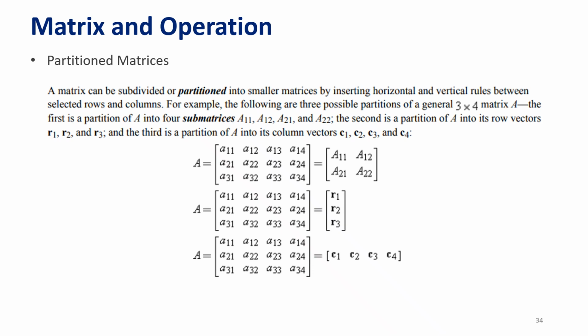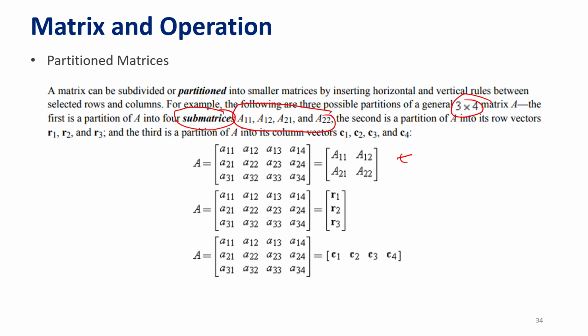So for example, here you have a general 3 by 4 matrix, and you want to partition it into 4 blocks: A11, A12, A21, A22. So what is the partition of this matrix?